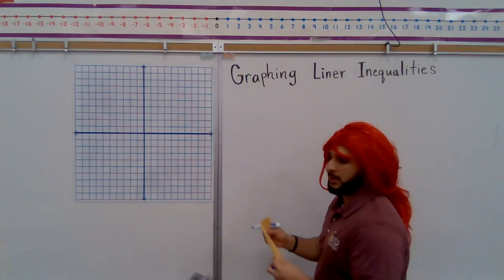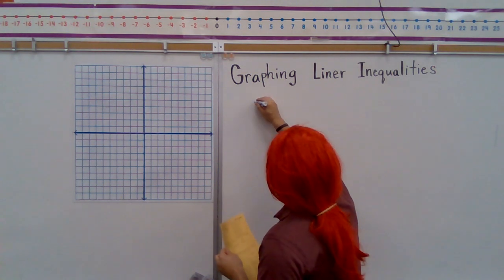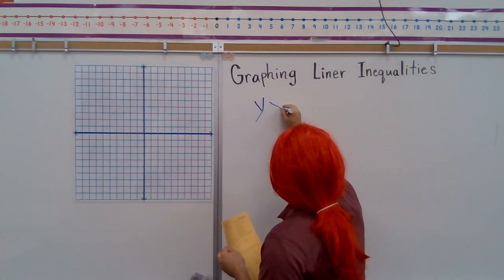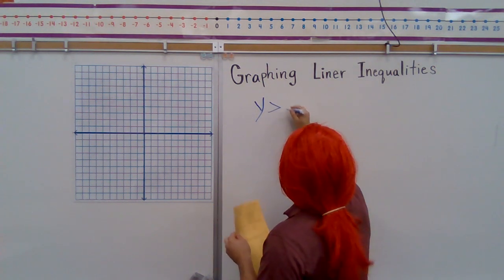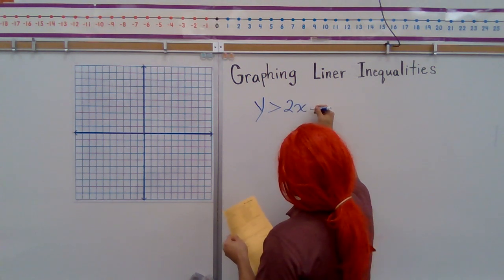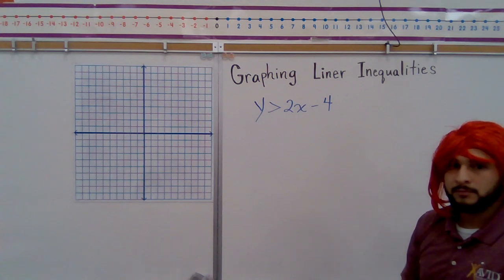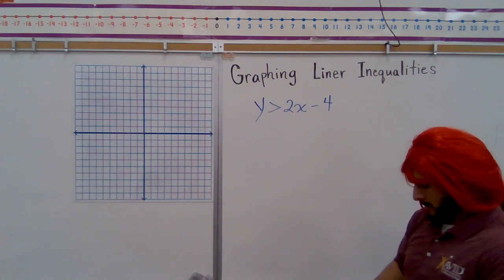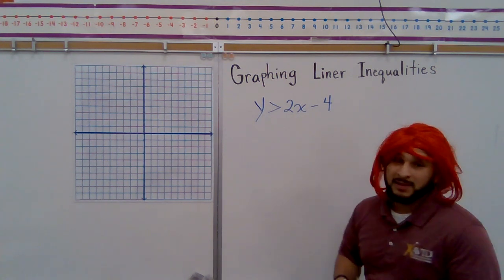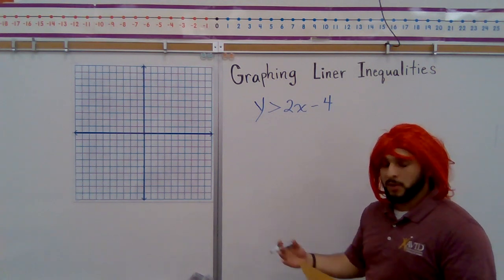Our first equation is going to be y is greater than 2x minus 4. This is a system of inequalities, so there has to be more than one.